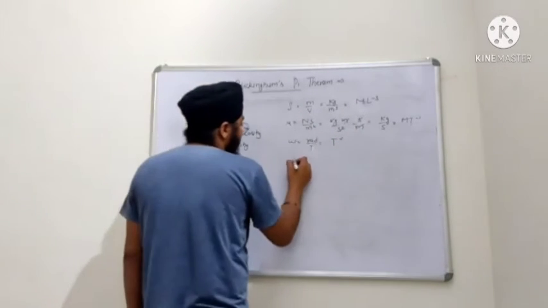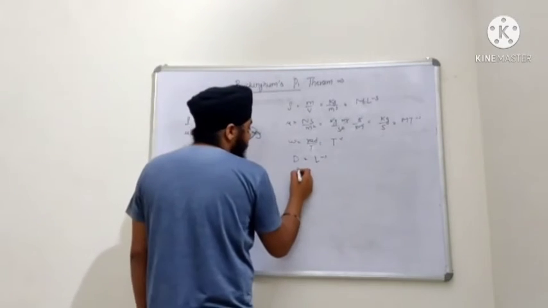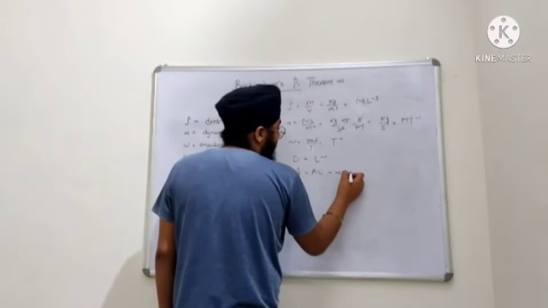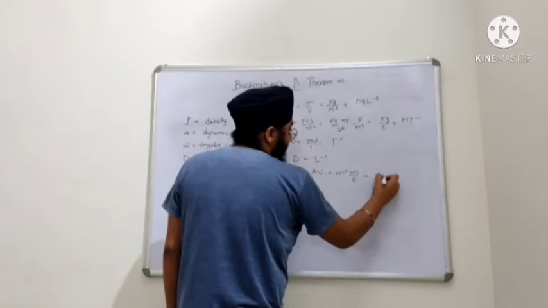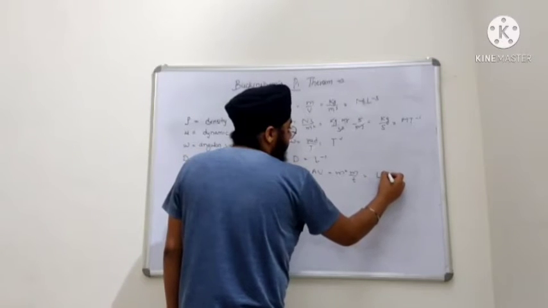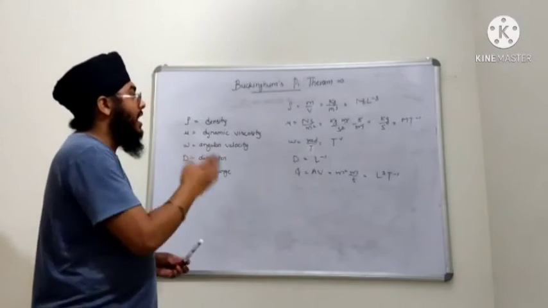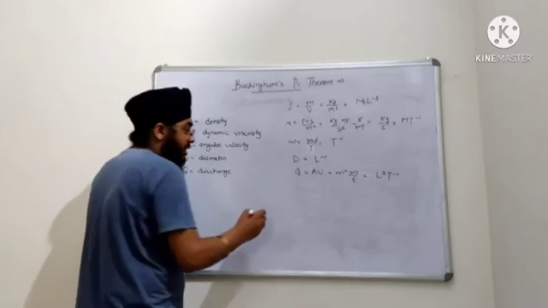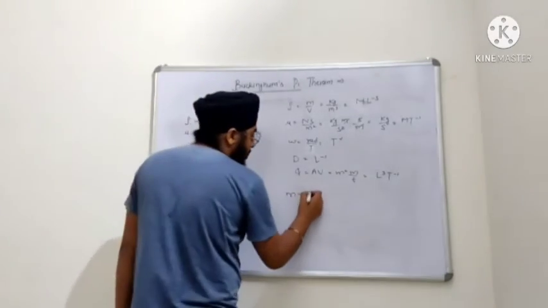Now diameter, which is L, and discharge we know is AV. A is m square, V is m upon t. So this will be L cube T minus 1. So these are the dimensions. Now fundamental dimensions we have here is denoted by m, which is equal to 3.